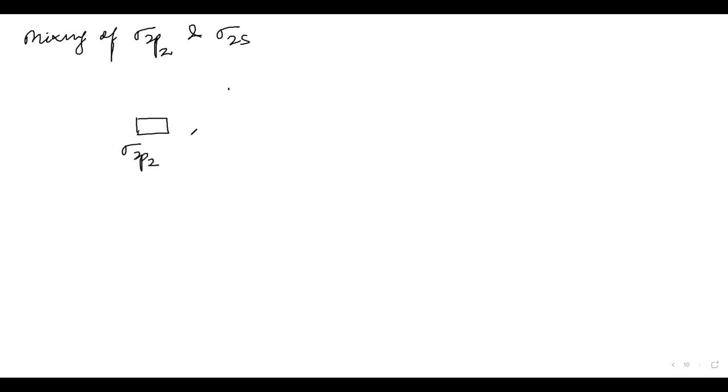Then we have sigma 2s, which I will put a bit low. Now you understand. I taught you in the previous class partial combination. Now this is one case of partial combination.